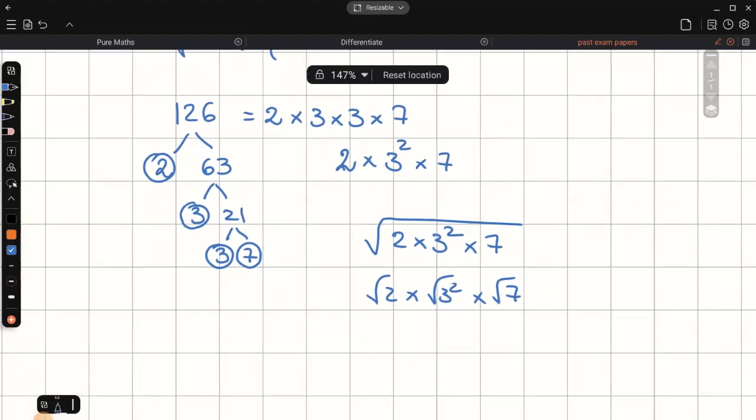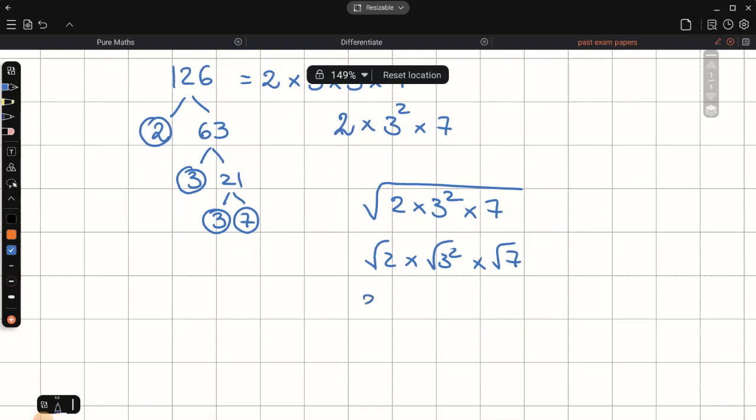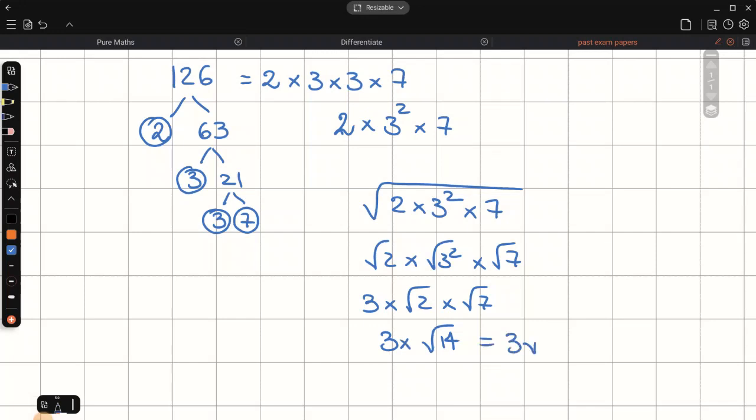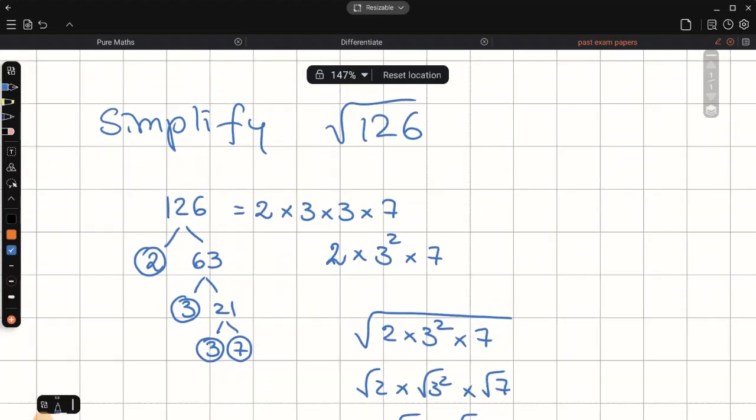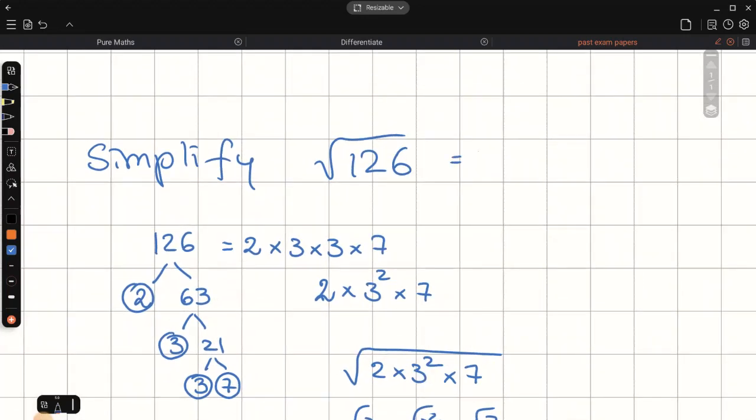We know the root of 3 squared gives us 3, and then we multiply by root 2 times root 7. We know that root 2 times root 7 gives us root 14, and if we multiply 3 by root 14, that will give us 3 root 14. So our final answer will be 3 root 14.